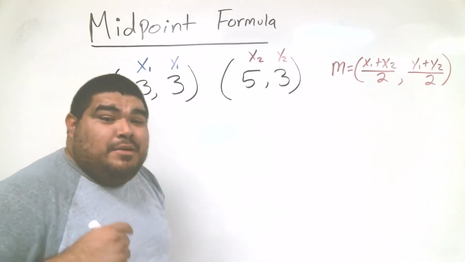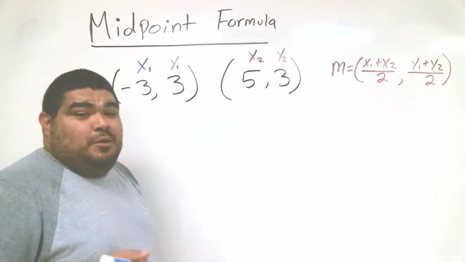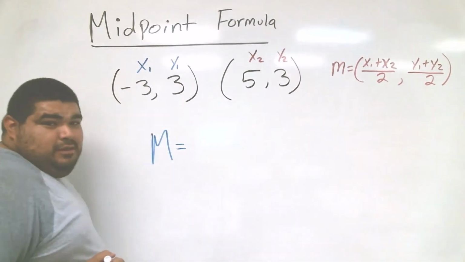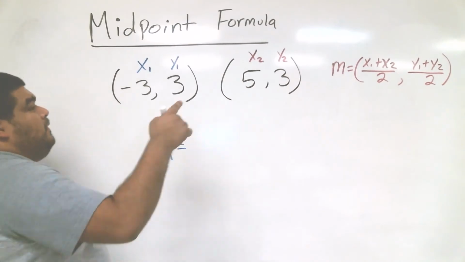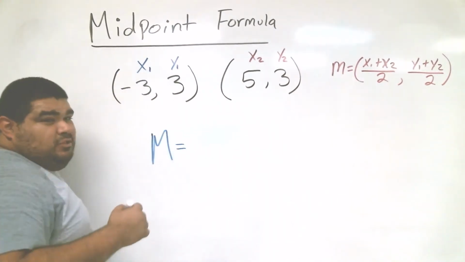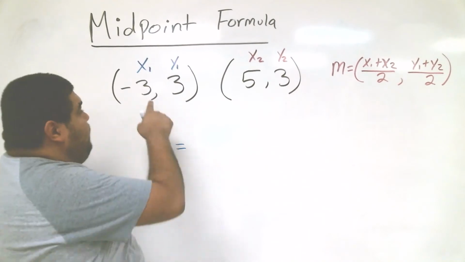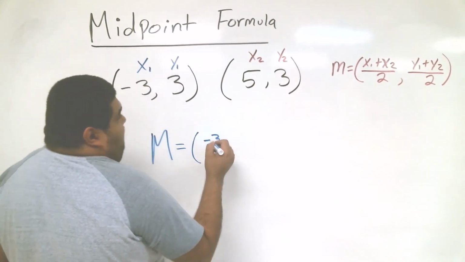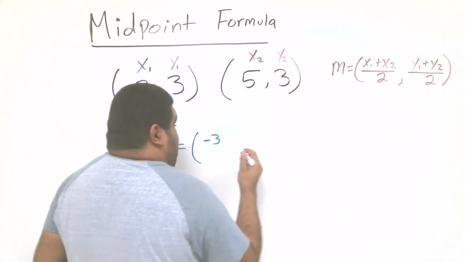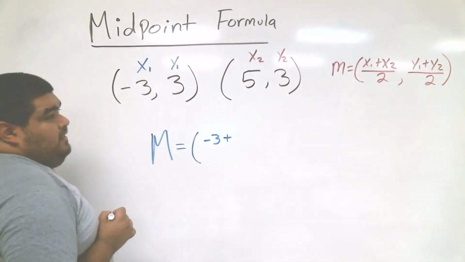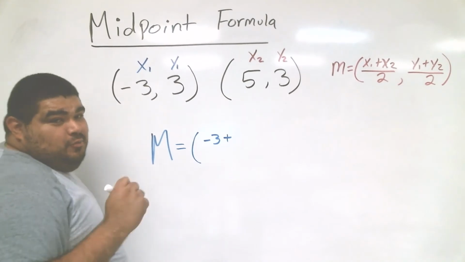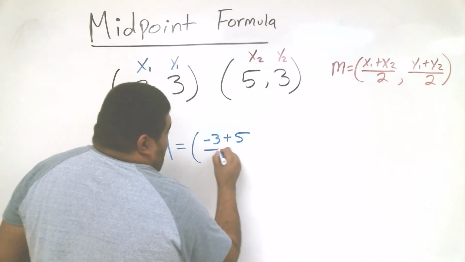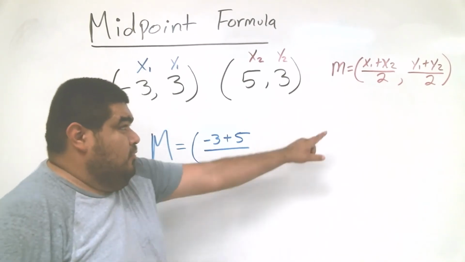We have m equals, remember, m is midpoint. So m equals x1. Do you guys remember which one's x1? The first one, right? So we have -3. Remember, you have a plus sign, plus x2. x2 is 5. Over, don't forget, you have it over 2, right?